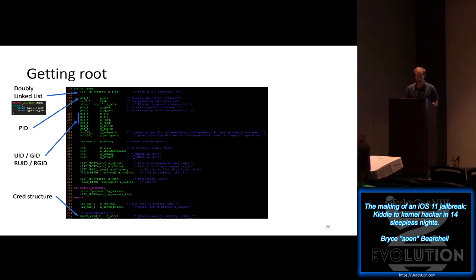and inside of the process headers for how they store processes in the kernel, you can see, all right, we have a struct proc, we have a linked list at the top, and then we have our process ID. Okay, this is pretty easy to follow. We have our user permissions, our UID, our GID, and then down at the bottom, we got our credential structure.